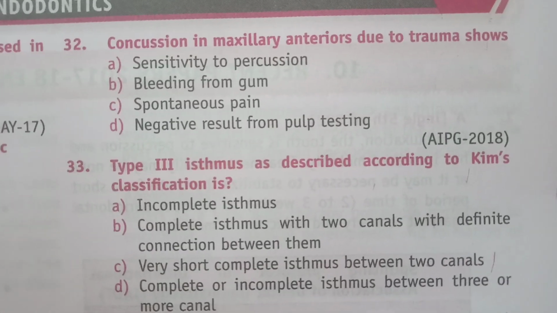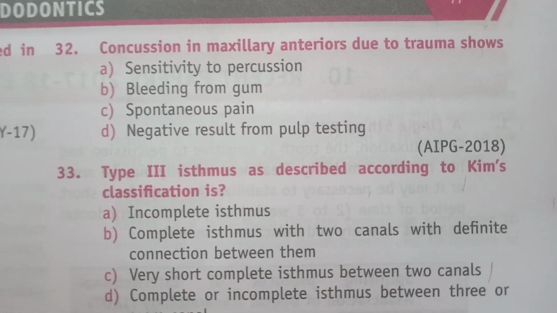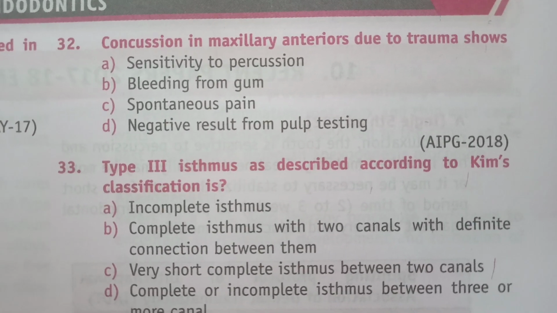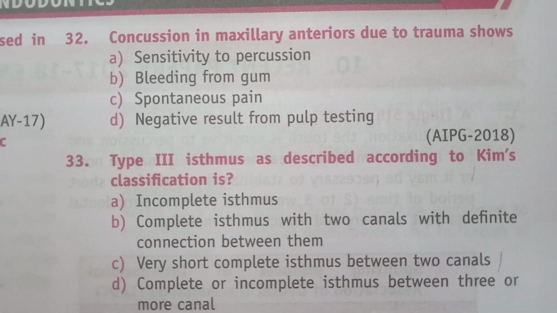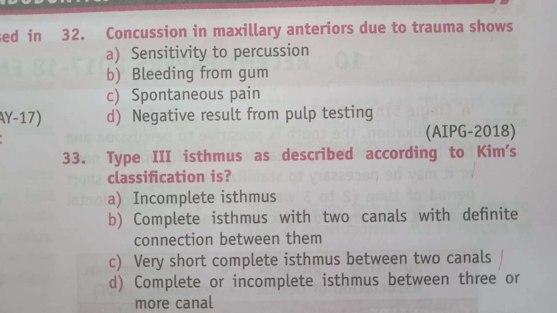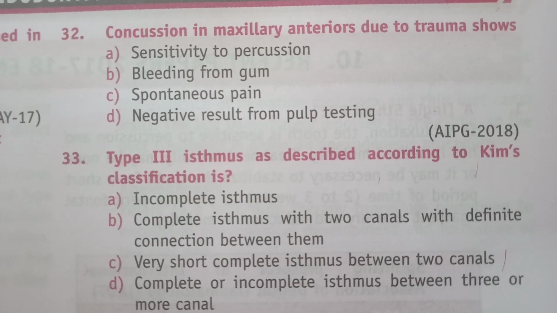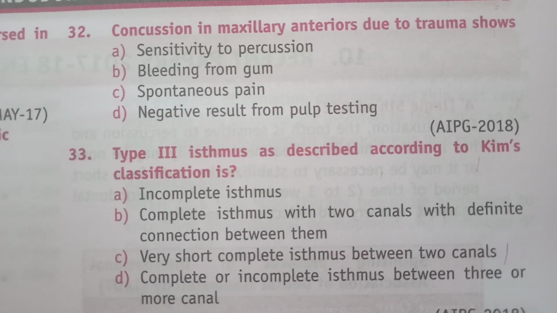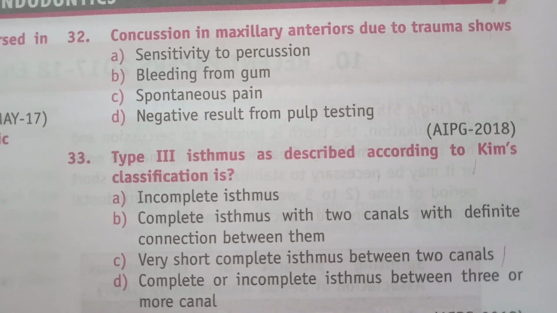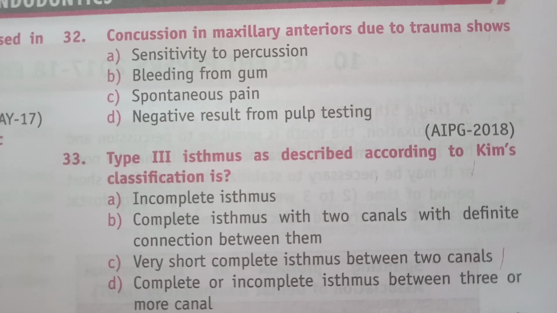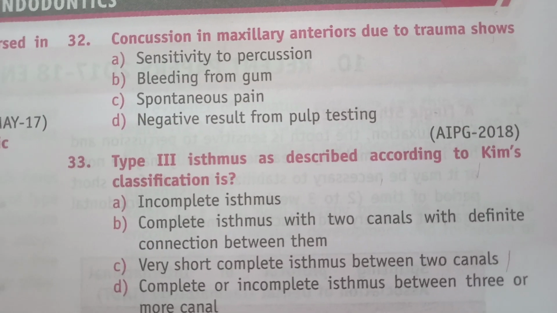Next question, concussion in maxillary anteriors due to trauma shows sensitivity to percussion, bleeding from gum, spontaneous pain, negative result from pulp testing. 32 is A. Concussion in maxillary anteriors due to trauma shows sensitivity to percussion.